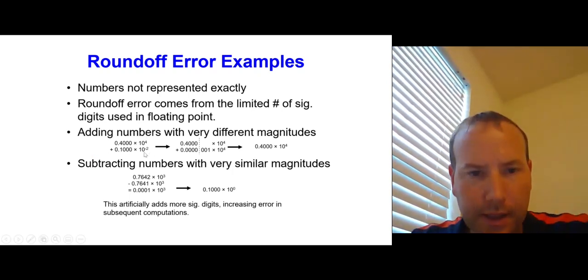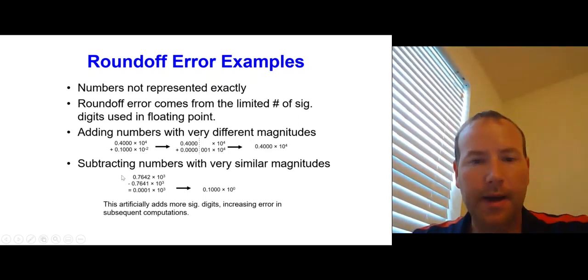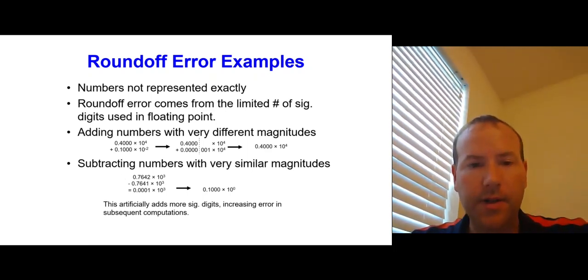So as you can see here, there is quite a spread between these, and what happens is it will chop. These are exaggerated examples, but it will chop this down so that it is adding this as if it was 0 and give an incorrect answer, as you see here. Or if you're subtracting numbers with very similar magnitudes, you should watch out for round-off errors in your computations, such as this example right here.